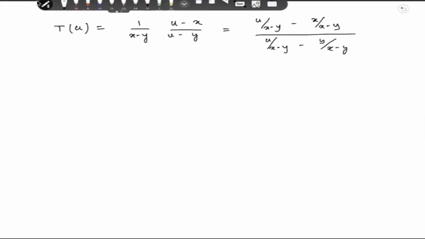This is a Mobius transformation, so T also belongs to SL2R.